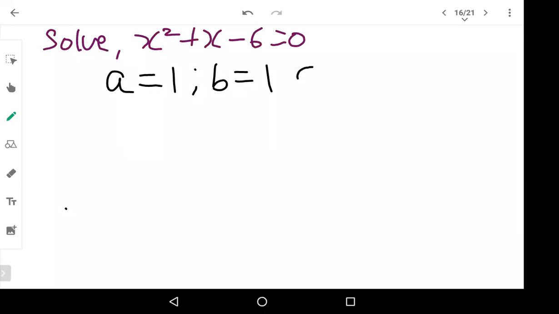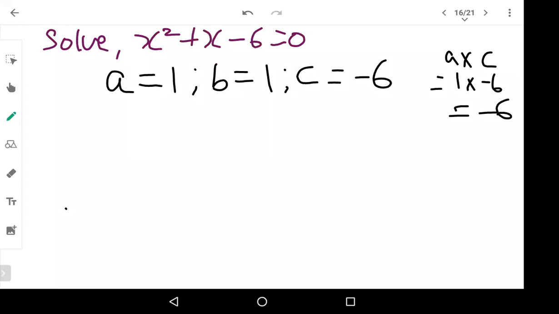What is c? Minus 6. Now if I multiply a into c, 1 into minus 6, I'm going to get minus 6 as the answer. So this minus 6 should be factorized in such a way that with the addition or subtraction of the factors, I should get the value of b, that is 1.